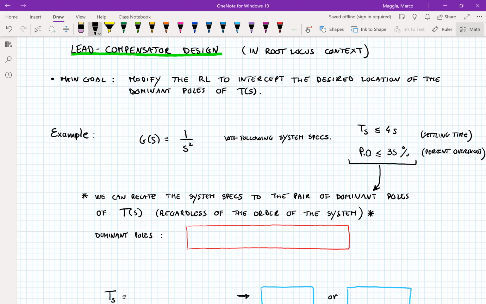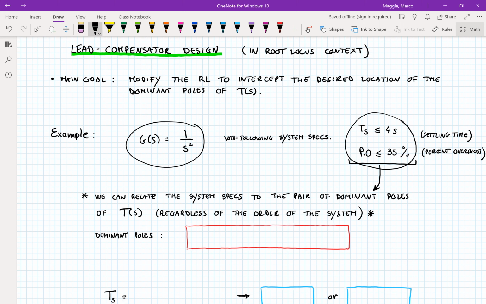So in this case, the system is a second order system, this is the open loop system, and also the closed loop system will be a second order system. But this step can be done for any order of the system. Even if we had a third order, fourth order system, you can always relate the requirements to the real part and the imaginary part of the dominant poles.